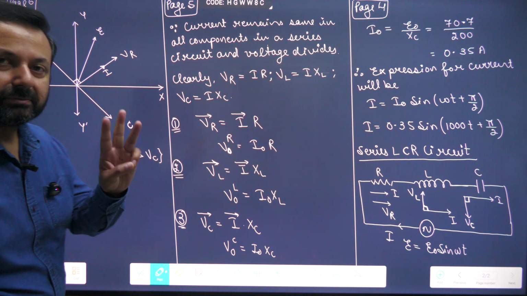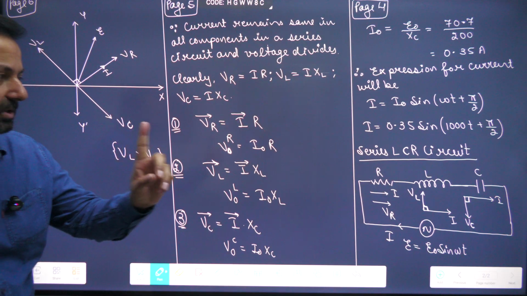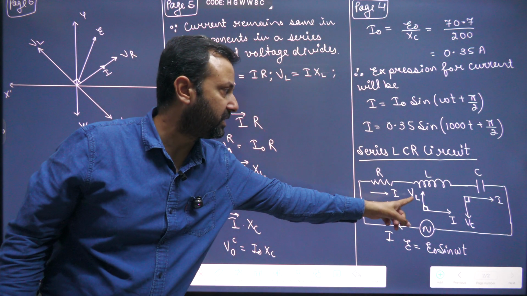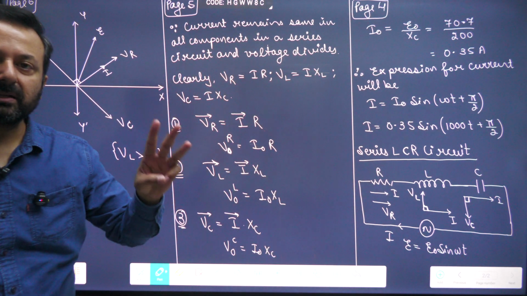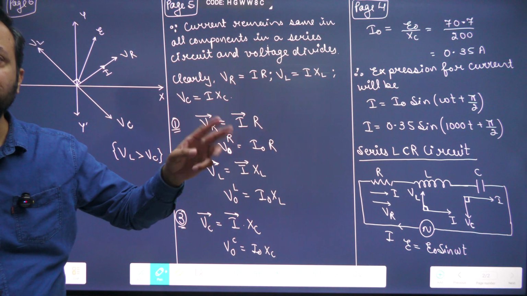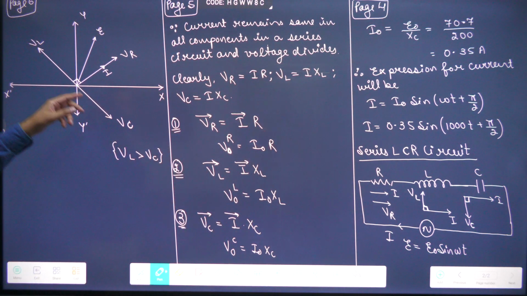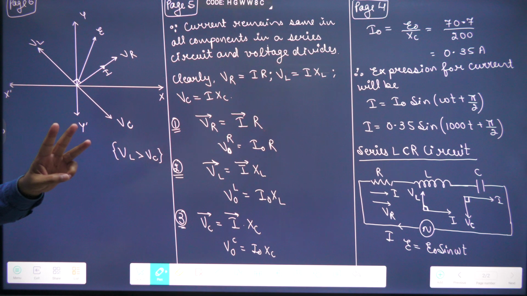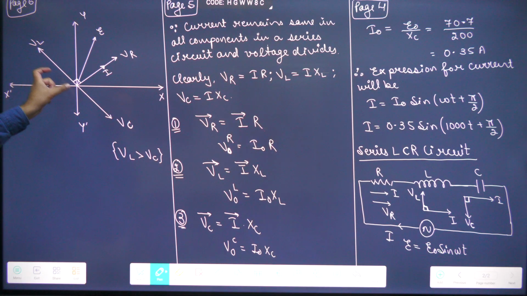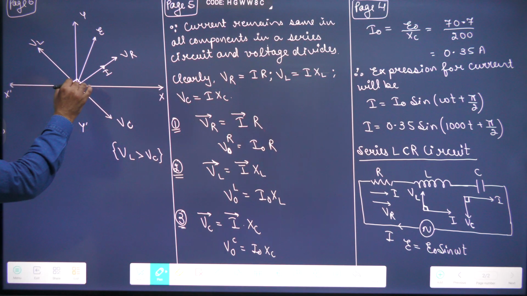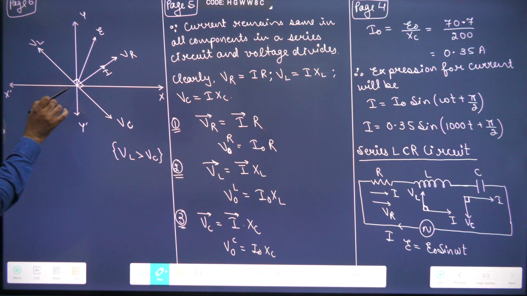Now we have three vectors. One vector is VR, another is VL, another is VC. And the resultant, means addition of these three vectors, will be equal to this EMF E. So first of all, I am going to add this VL and VC. VL and VC, they both are oppositely directed. VL is in this direction and VC is in this direction.